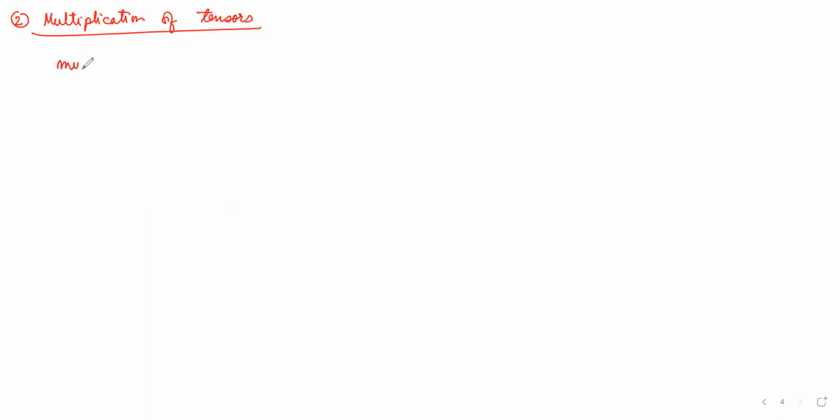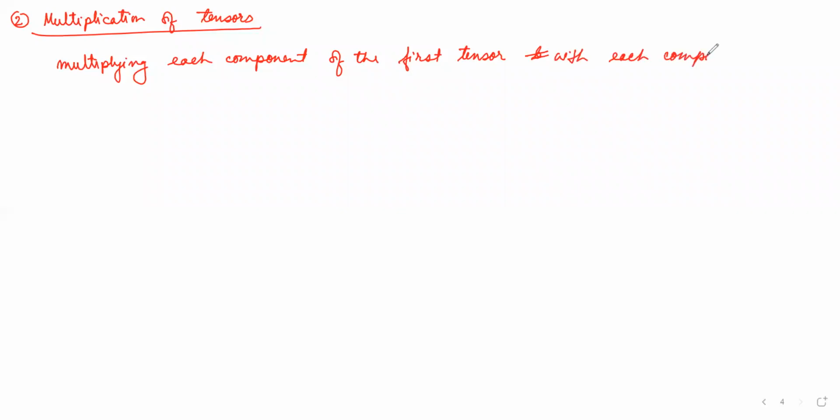And this product is called the outer product of tensors.